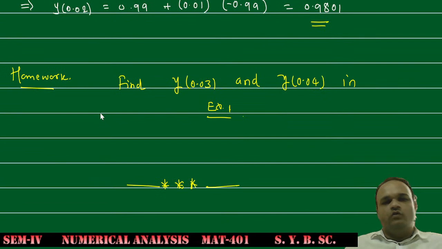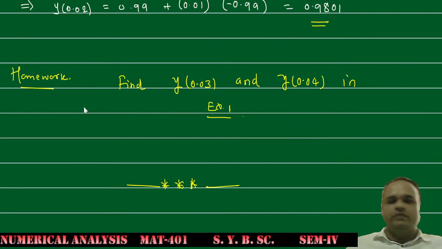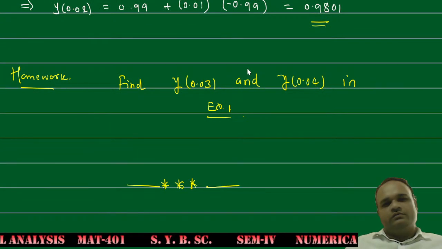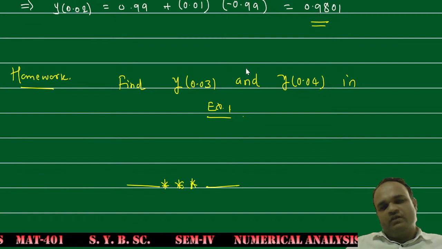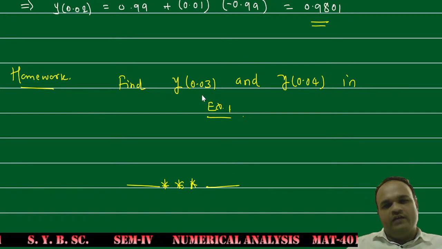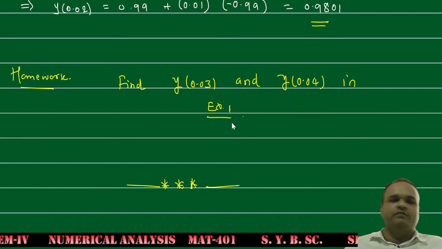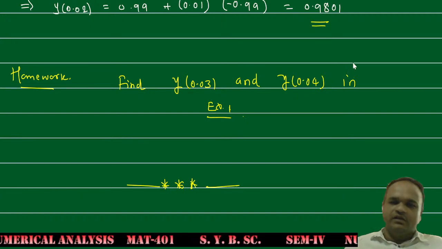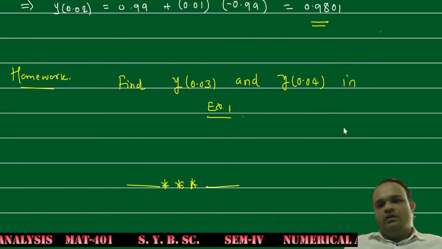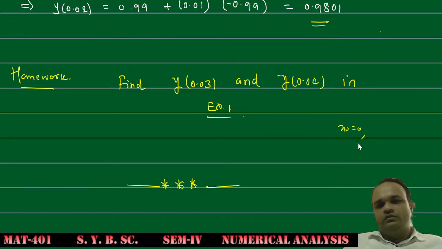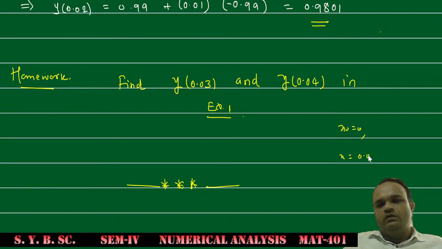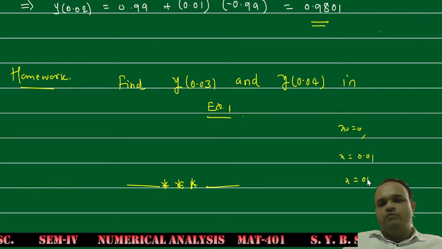So here is one homework which you can solve. The same differential equation, same initial value problem is there. You just have to find y at 0.03 and y at 0.04 in the previous example. So here x0 is equal to 0, x1 is equal to 0.01, x2 is equal to 0.02.